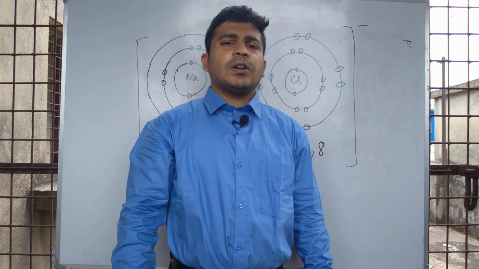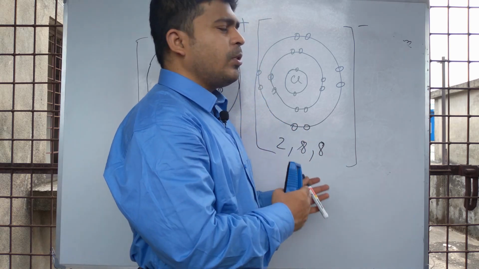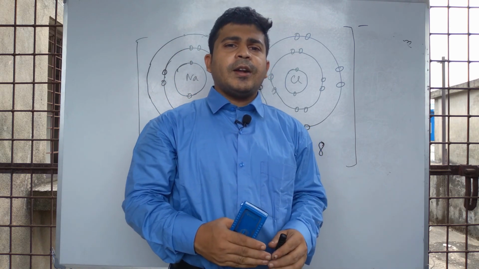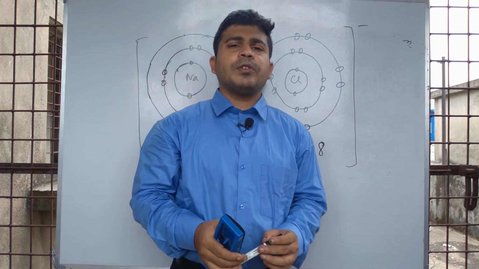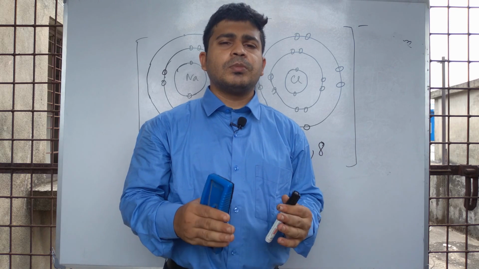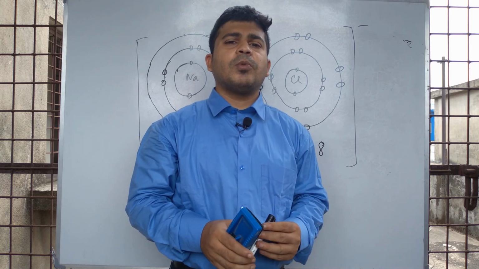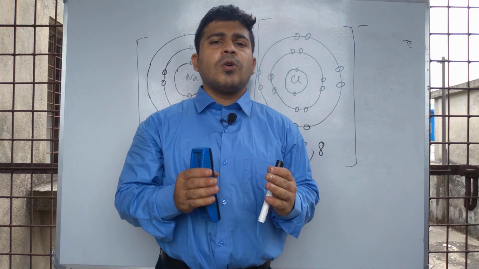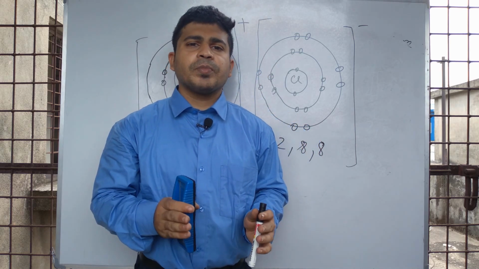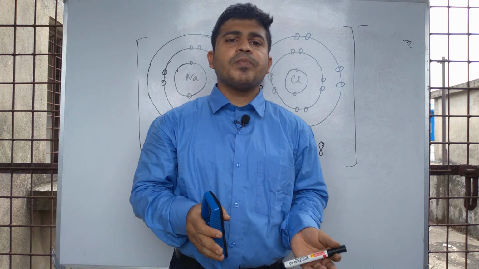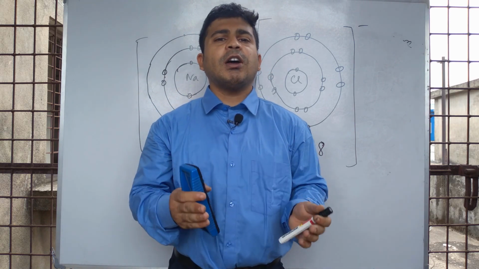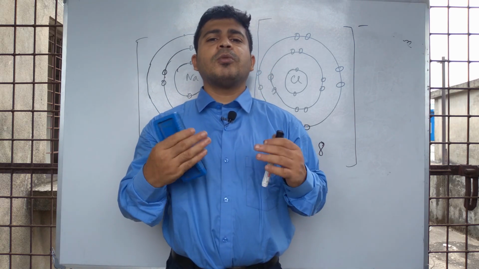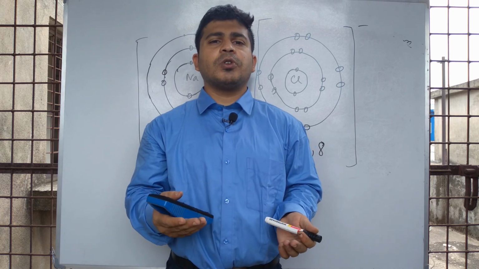So these are the main processes of forming ionic compounds, and other important points that we need to consider during ionic bonding formation: one atom should be metal, another atom should be non-metal. Metal should have lower ionization potential and non-metal should have higher ionization potential.